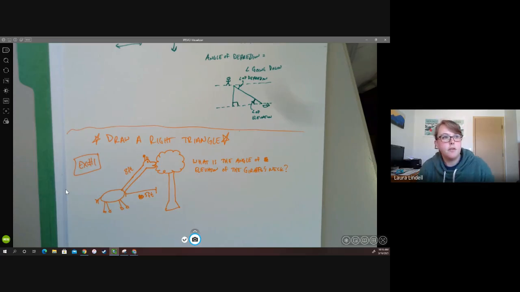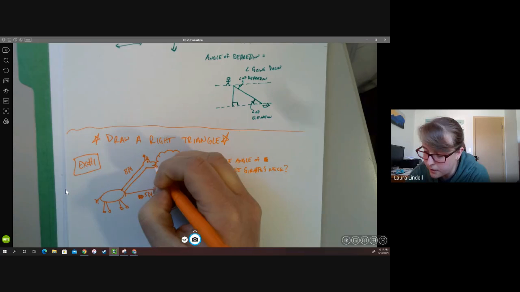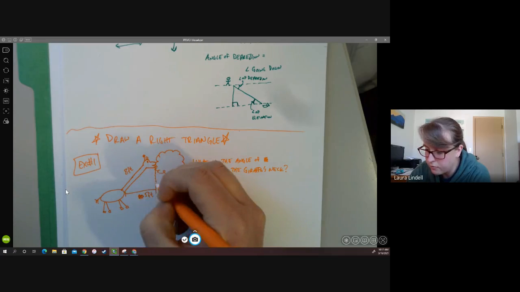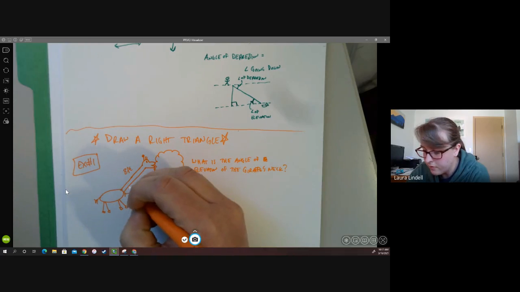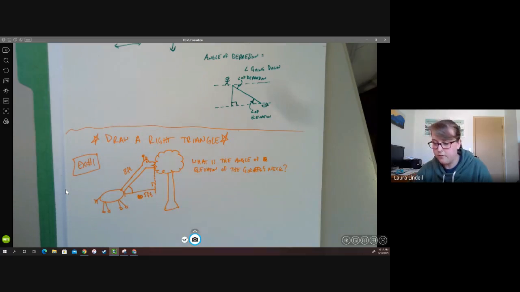All right, so your drawings can be as involved or uninvolved as you would like. If you would like to just draw a triangle, by all means you can, because as you can see, we do get roughly a right triangle here. This would be our angle of elevation of the giraffe's neck.